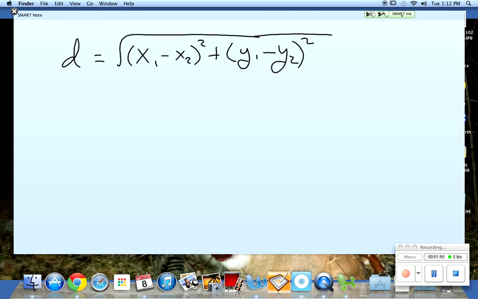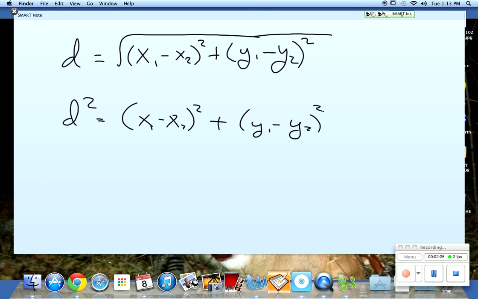Now, what does this equation start to look like to you? Watch what happens. I can square both sides, right? And I can make d squared equals (x1 minus x2) squared plus (y1 minus y2) squared.